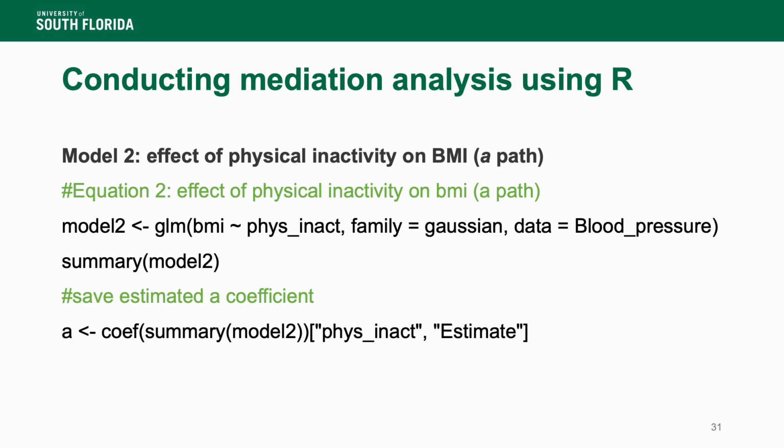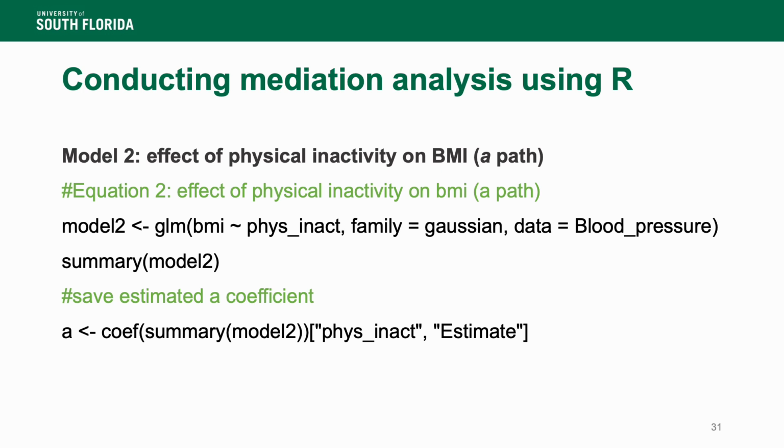Physical inactivity is again the independent variable. We're still interested in estimating a linear regression model, so the family type is still Gaussian. And we again use the blood pressure dataset. We tell R to also save this model, but now under the name model 2. Summary model 2 tells R to output the model output.